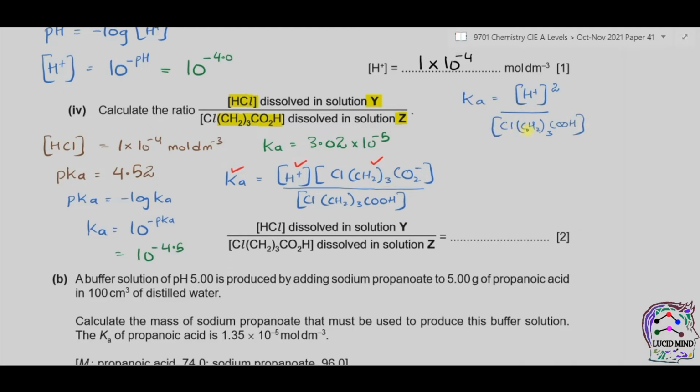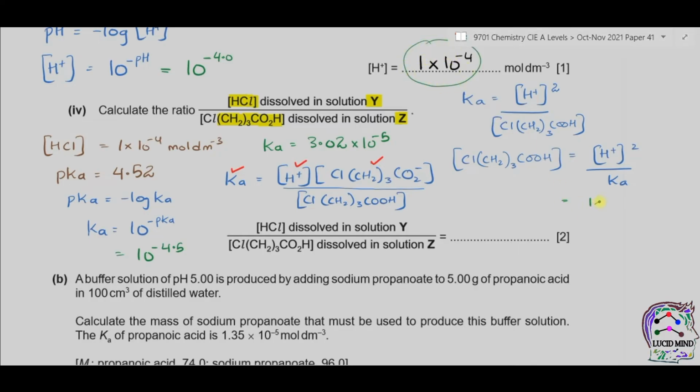Now we can rearrange to find this value. We have the Cl(CH2)3COOH concentration, which equals H plus squared divided by Ka. Now we can put the values. H plus is already calculated.